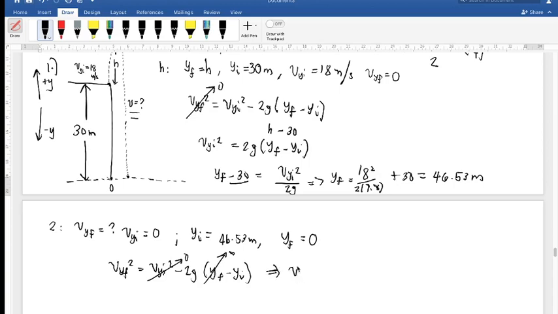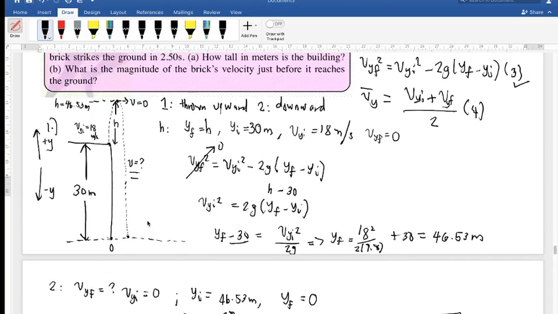So we have here vyf, then taking the square root, 2g times yi. So magkano siya? So we have 2 times 9.8 times 46.53, and taking the square root of the answer, that is approximately 30 meters per second. Ito yung velocity just before it hits the ground or the street.